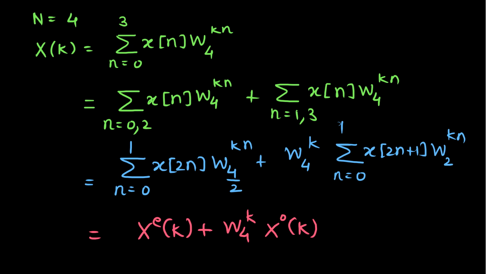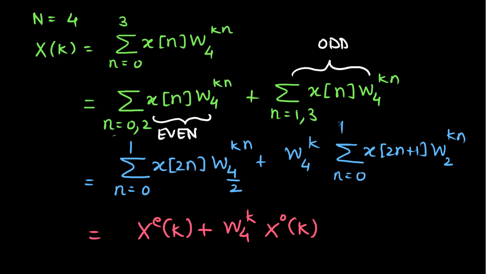If we consider the initial DFT equation, that can be written as summation n running from 0 to 3 x of n W4 to the power kn. Now we need to just split it into even parts. This is the even part here, and this second summation is for the odd.